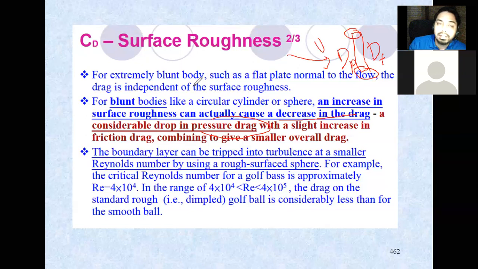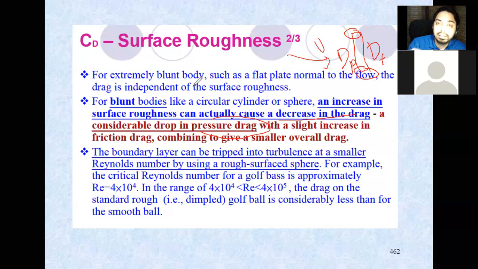Another example is, let's say, the dimples on a golf ball. The golf ball with dimples can go much further because it has less drag compared to a smooth golf ball, for example. We will go into that later.